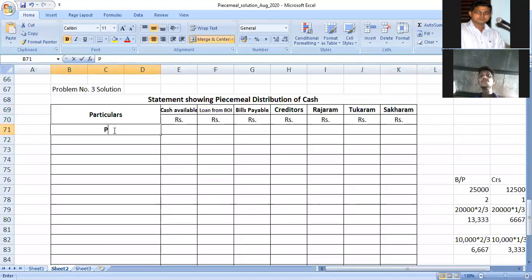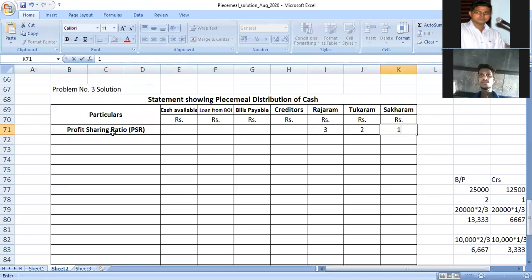We will write here profit sharing ratio, PSR. In our problem, the profit sharing ratio provided is 3 is to 2 is to 1.